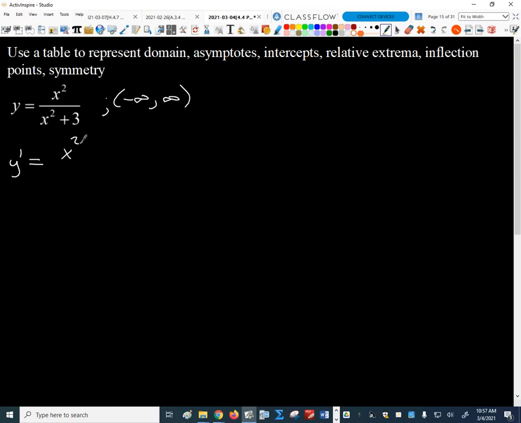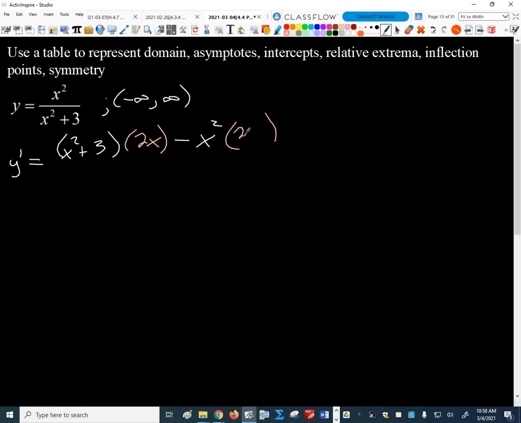X squared plus 3 times 2x minus 2x times x squared divided by x squared plus 3 squared. Okay, good. So, and I'm going to do it, you're right, I'm going to do it as low d high minus high d low.